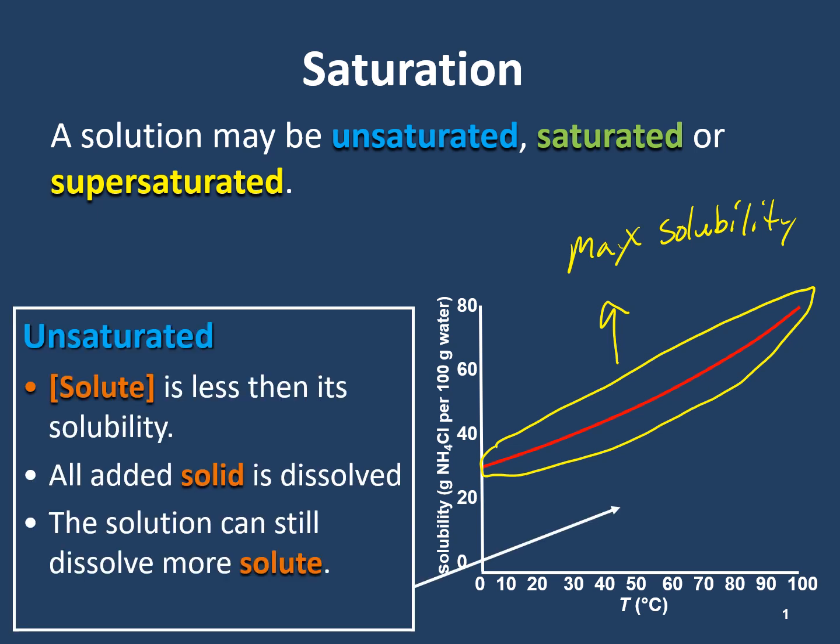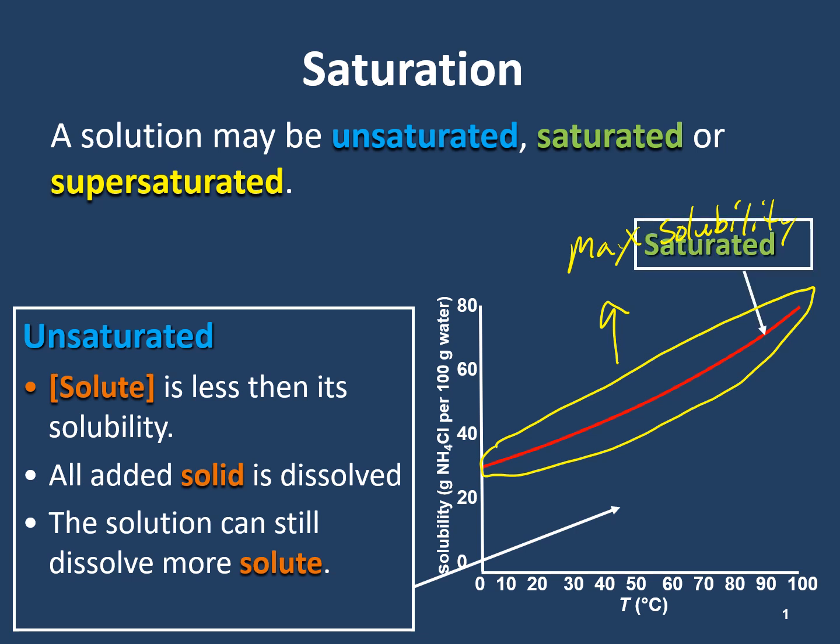Now, an unsaturated solution is defined as when the amount of solute we have dissolved is less than the maximum solubility. In other words, if I add more solute, it will still dissolve. So anywhere below the red line on this graph, we would call an unsaturated solution.